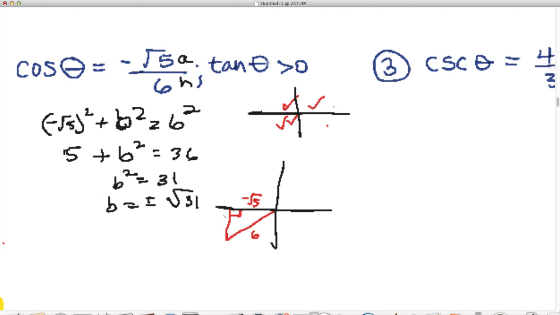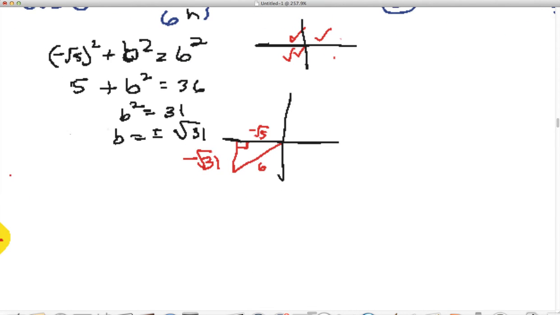And then, is this going to be the positive or the negative root 31? Well, in order for tangent to be positive, it'd have to be the negative root 31, right? Or another way to look at it is it's going in the negative y direction. So it has to be negative root 31. Okay? So now just do your SOHCAHTOA.